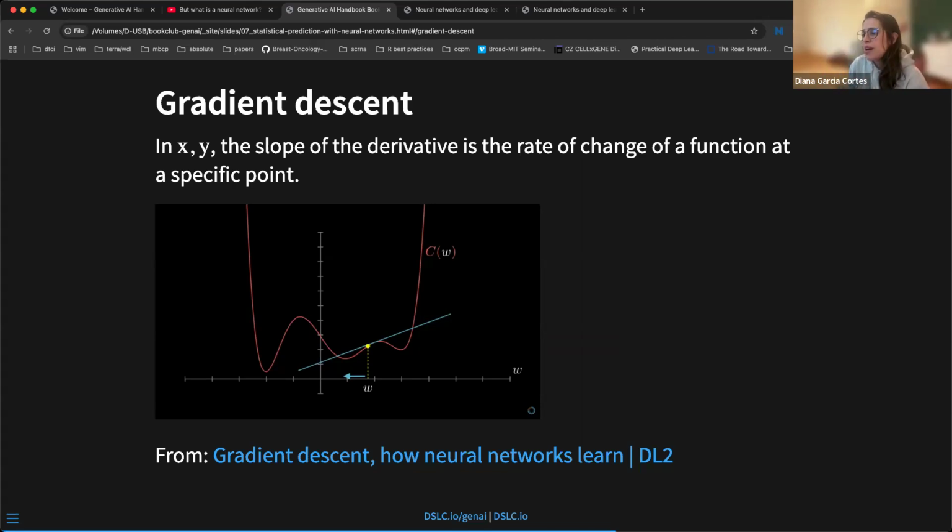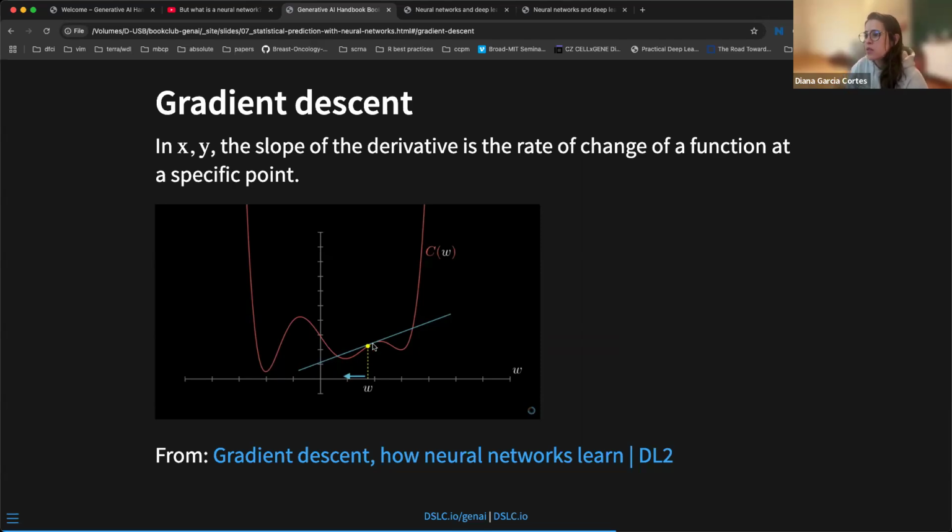If we have a function only in x and y, a 2D function like this one, we can see that we have many points where our function takes the minimum.